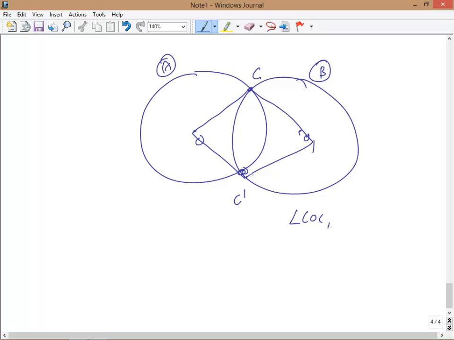These angles, that's just a simple one. OC is a tangent, so it is 90. This is also 90. Now what happens to these things? Then 180.